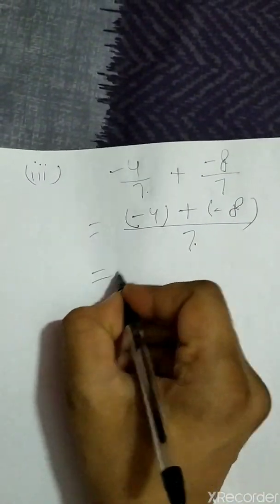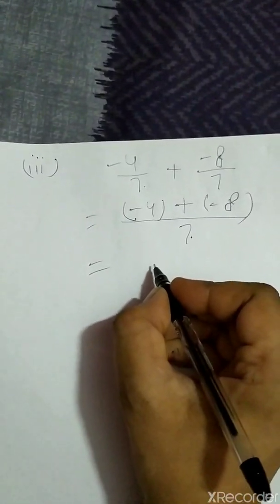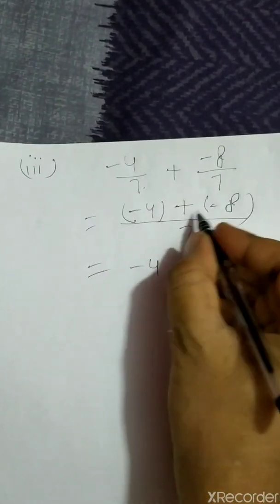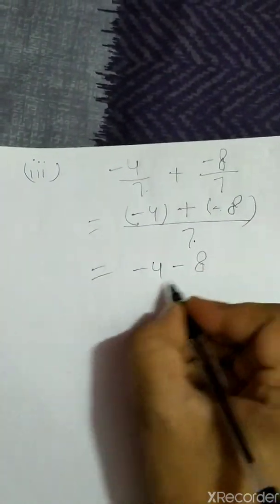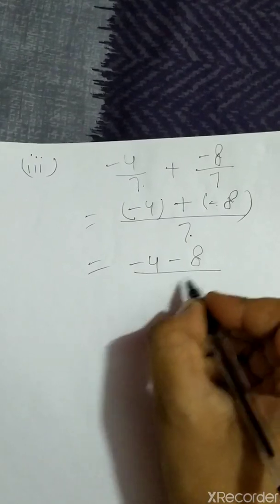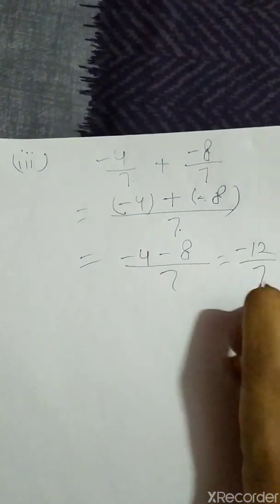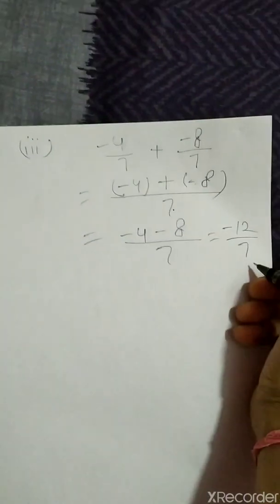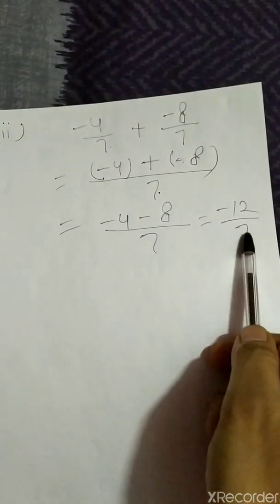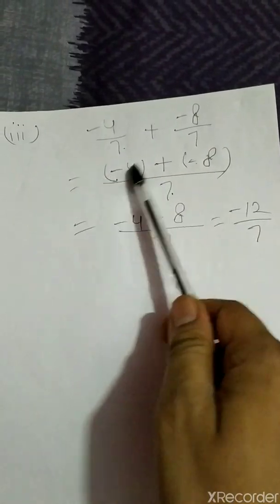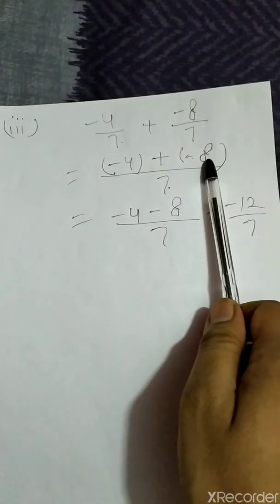Minus 4 minus 8 by 7, you will get minus 12 by 7. The result is minus 12 by 7. Only add the numerators, whether negative or positive.